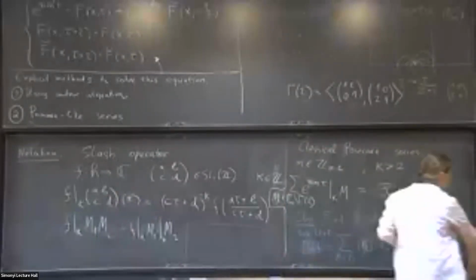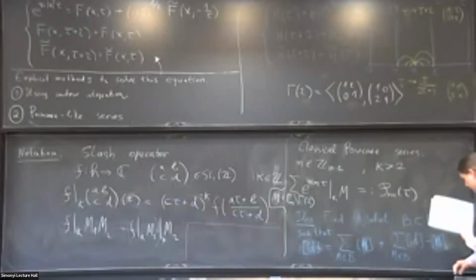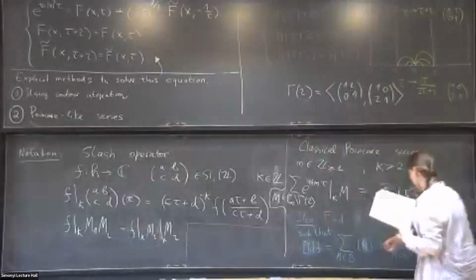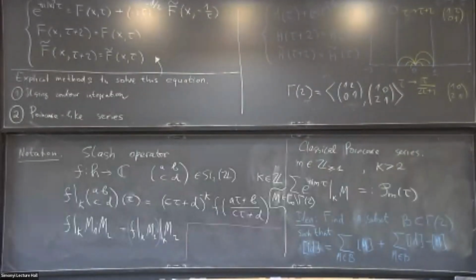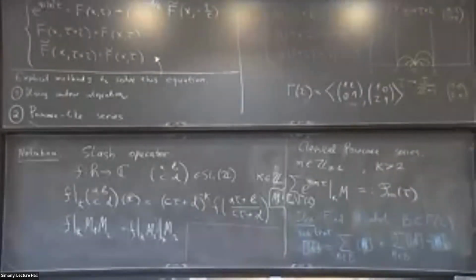We want, at least formally, to have the following condition: if we take our set B and multiply it by this element here, this has to be B back.